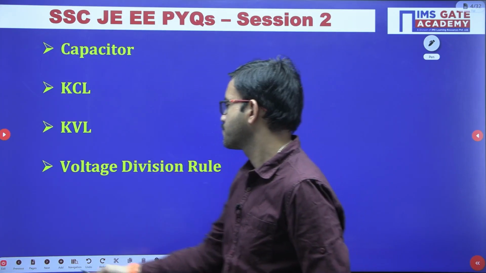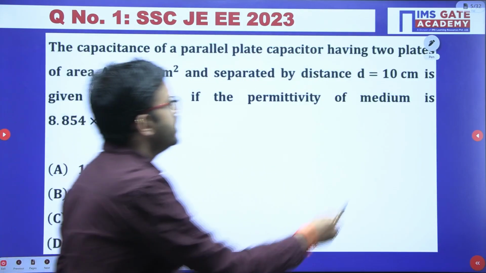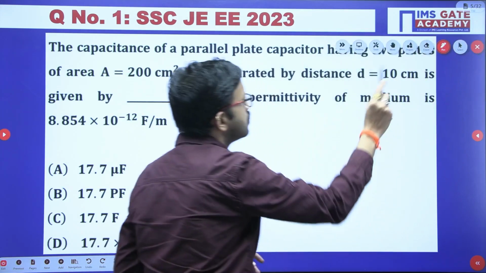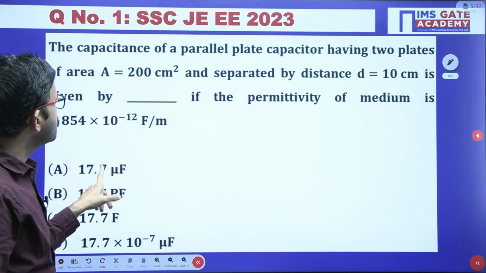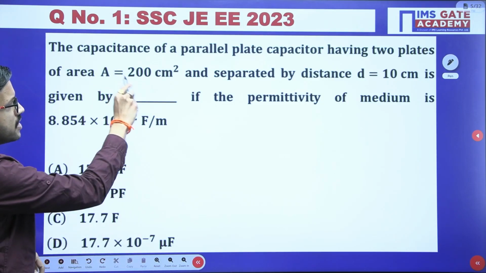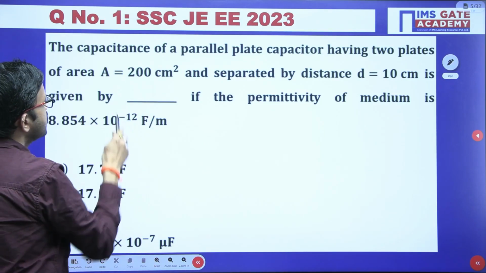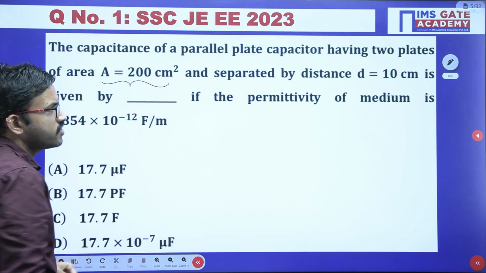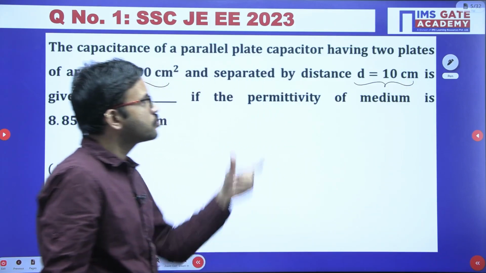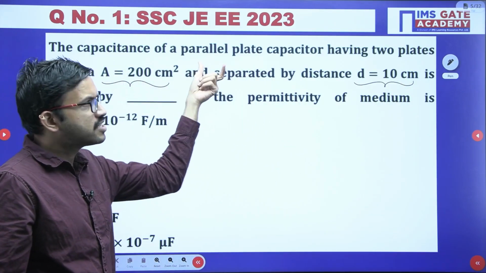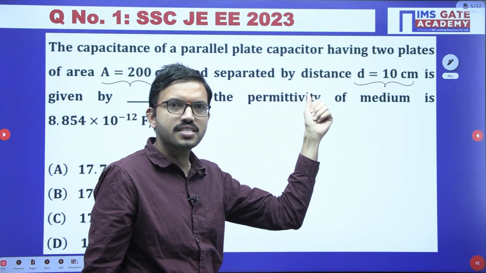So this is the question based on capacitor. Here in this question, the capacitance of a parallel plate capacitor having two plates of area 200 centimeters square and separated by a distance d equal to 10 centimeter is to be calculated. The parallel plate capacitor has two parallel plates separated by this much distance, 10 centimeter.